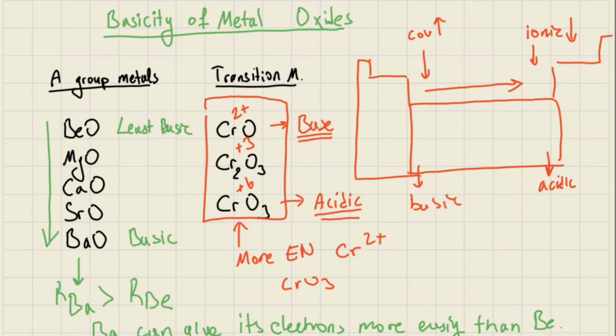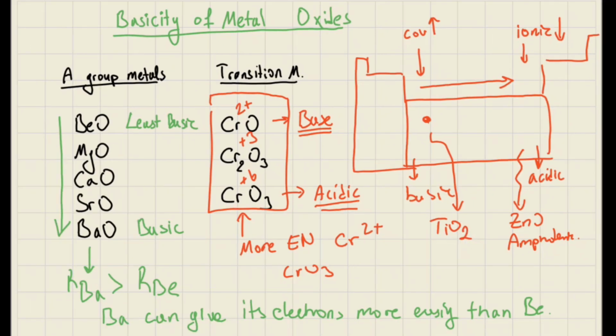For instance, if you look at zinc oxide, which is about here, it is amphoteric. But again, if you look at titanium oxide, and titanium is around here, and titanium oxide, CrO₃, is both basic and acidic in character.